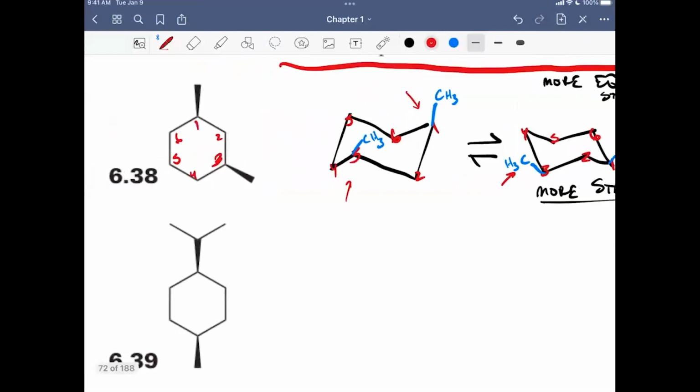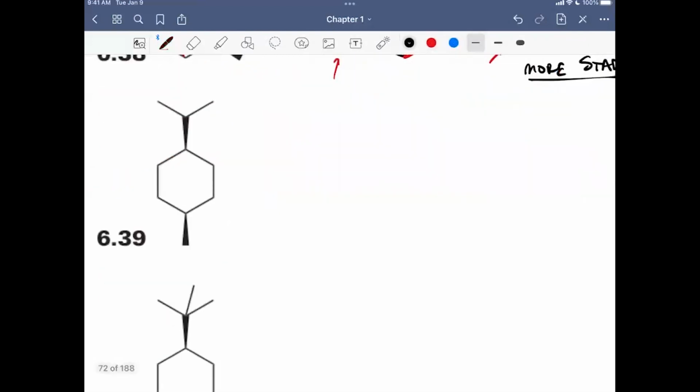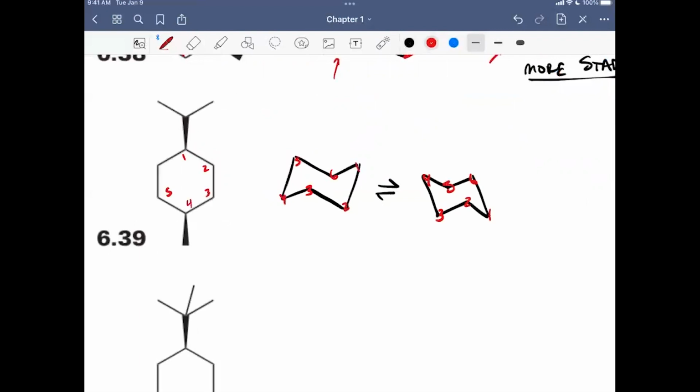Okay. For this next one, let me do the same thing and draw out both the chair conformations. Okay. So now we have a little bit of a different scenario.